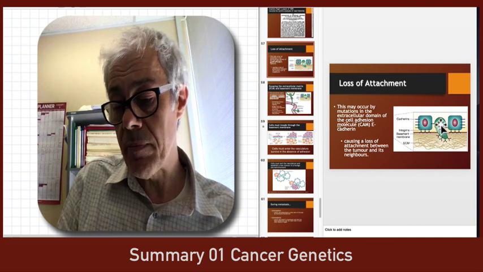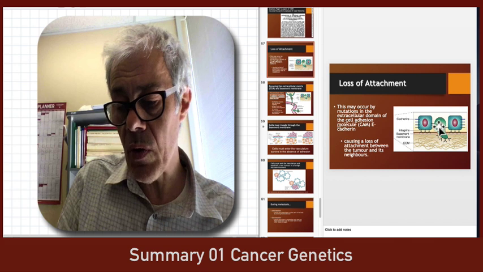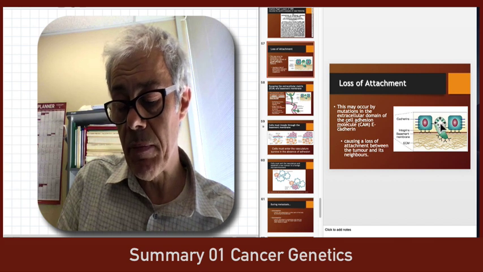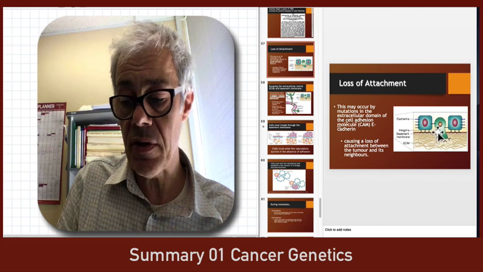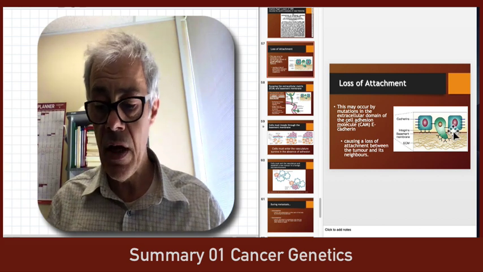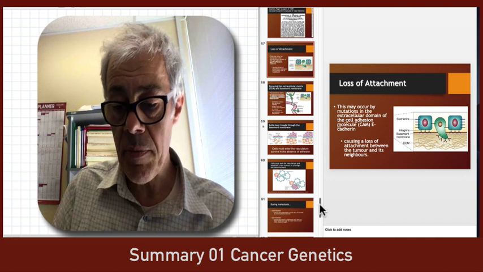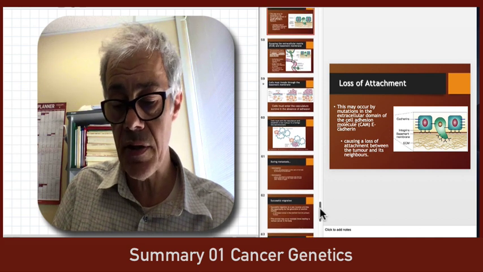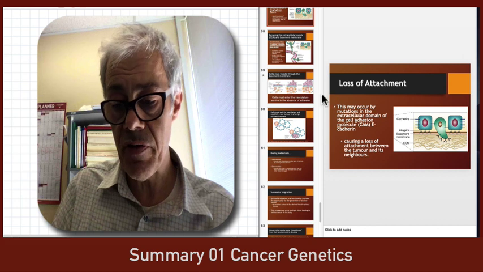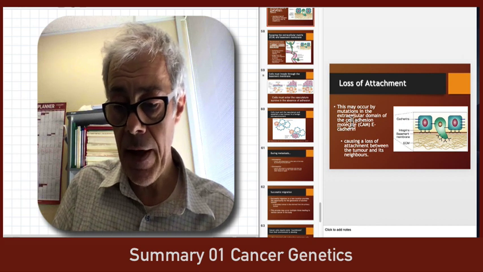They're no longer inhibited in their growth by the neighboring cells. I don't go into this in any great detail, but if you go to those lectures, you'll see there's a discussion of some of those properties.